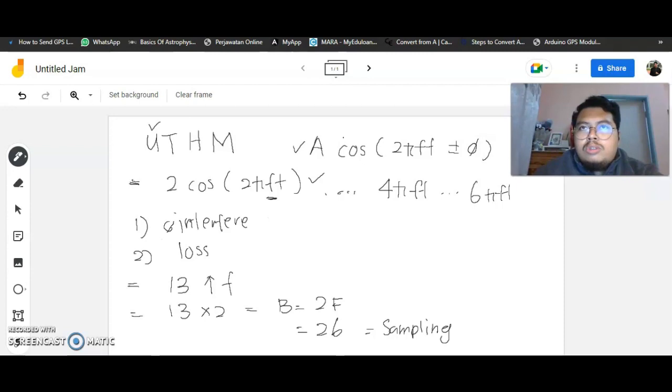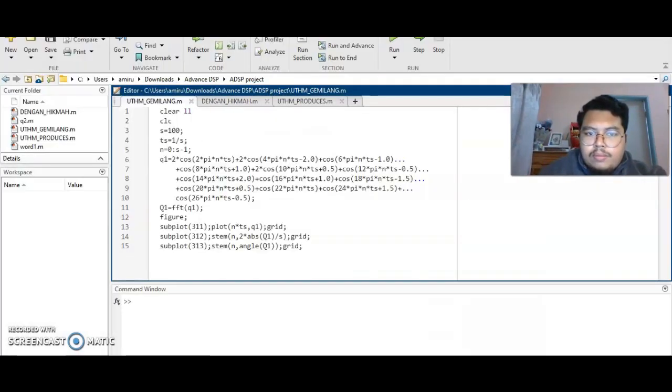Okay, now I would like to show you the MATLAB. Here is the code for mutation gemilang. We are using a sampling frequency of 100 because we want a better resolution. We can use anything more than 26, so we choose 100. We can also do 50. Here are the interpreted equations from the words mutation gemilang, including the space.